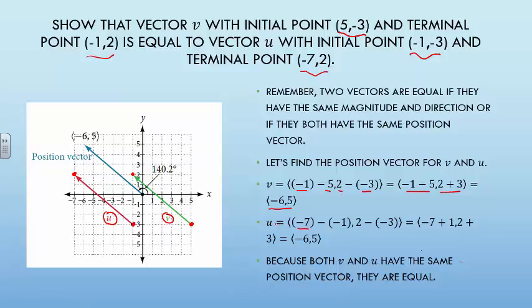Working now with u. u has an x2 of negative 7 minus x1, negative 1. The y's have a y2 of 2, a y1 of negative 3, giving us negative 7 plus 1 for our x's, and 2 plus 3 for our y's, which can be simplified to negative 6, 5. Because both v and u have the same position vector, we can conclude that they are equal.